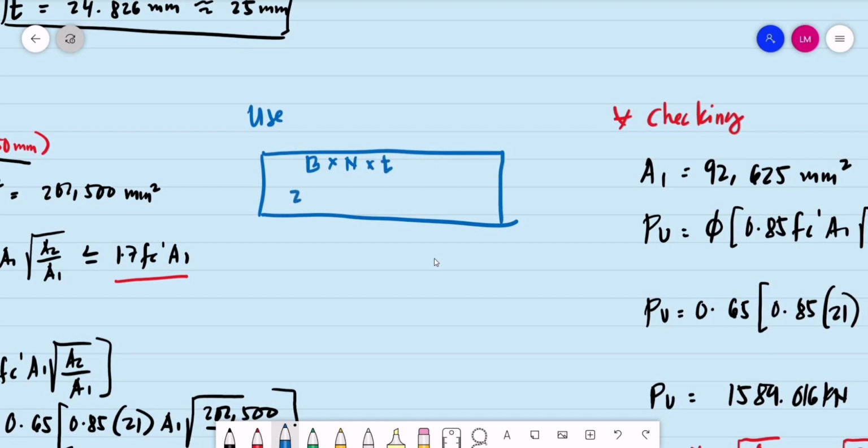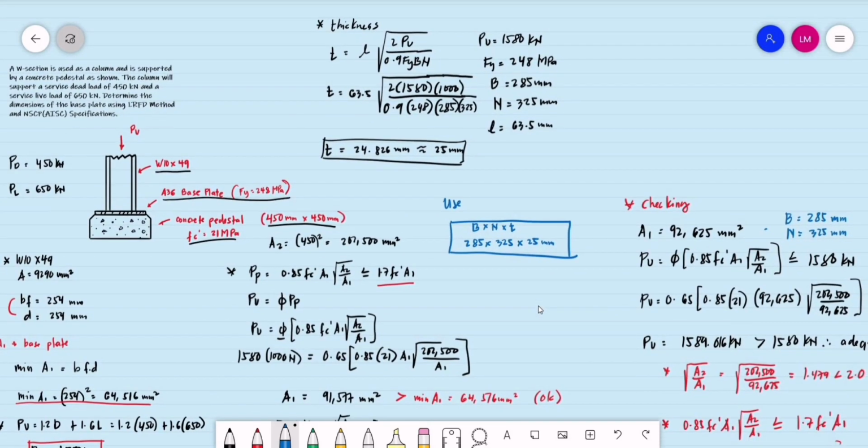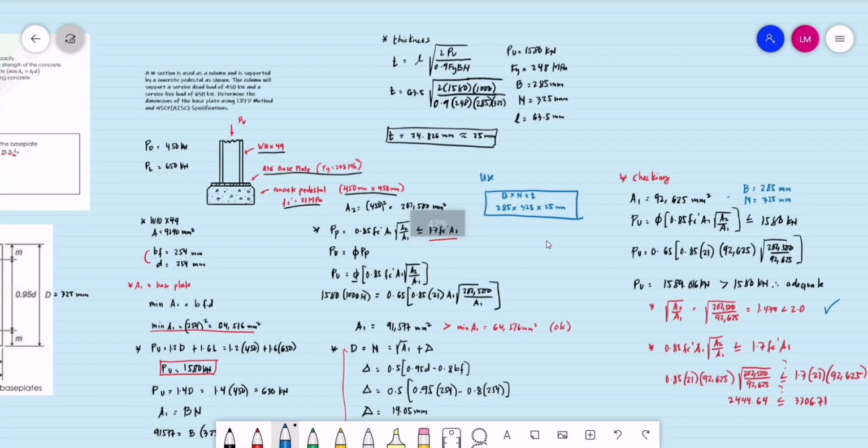The value of B is equal to 285 millimeters by 325 millimeters for the value of N, then by its thickness, 25 mm. So this is our conclusion for the required base plate. And this is our solution for this example.